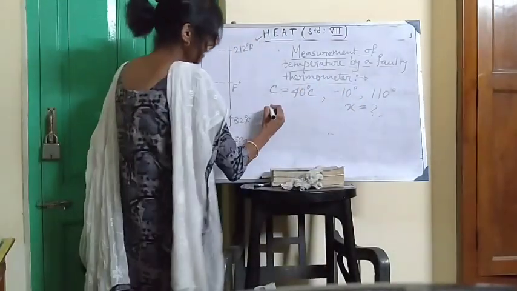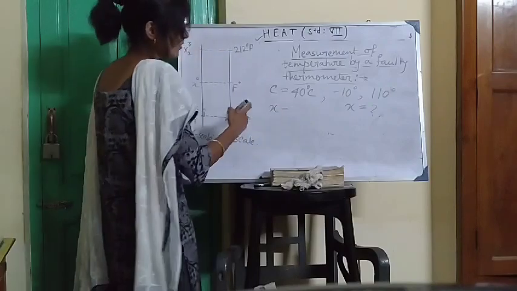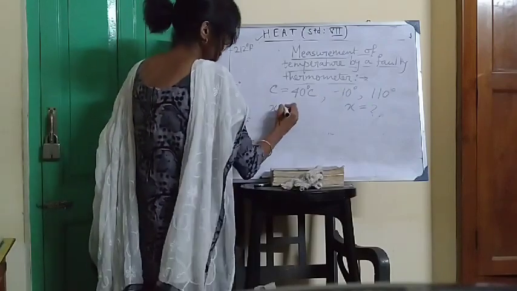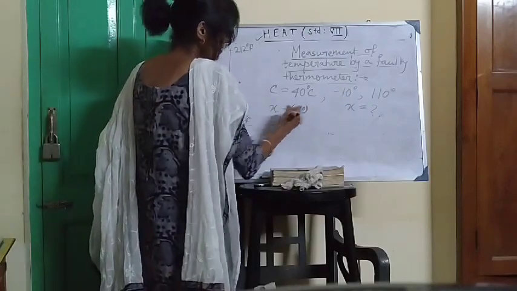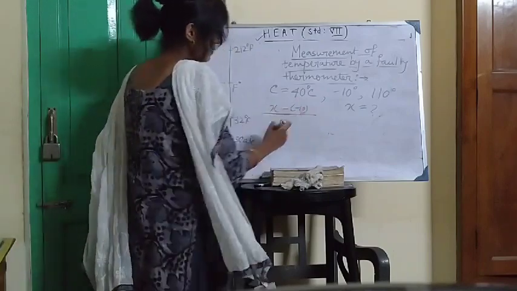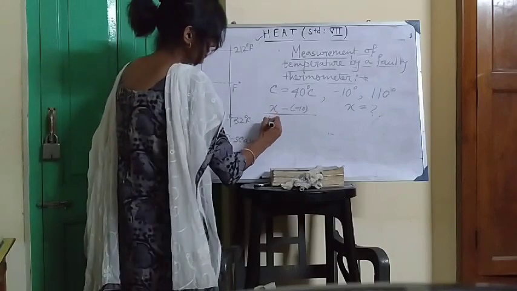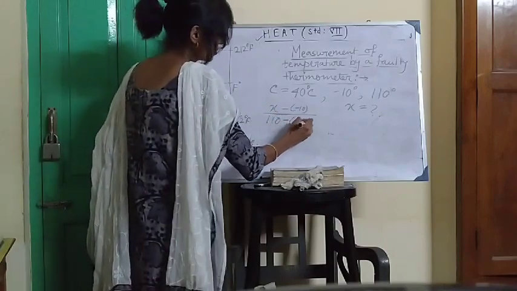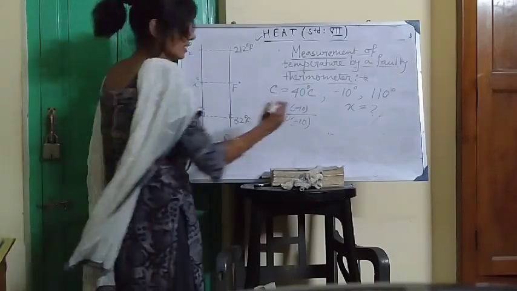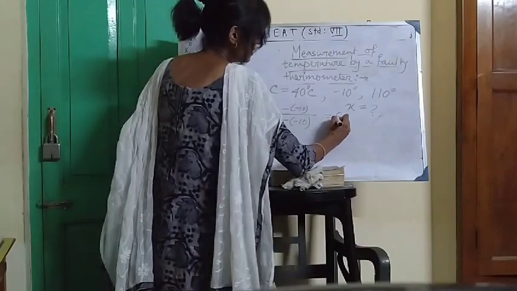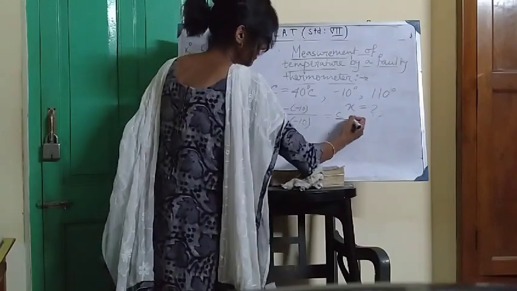Then procedure, X minus lower fixed point, which is minus 10. So minus of minus 10 will be plus 10, divided by upper fixed point minus lower fixed point of the faulty thermometer. So 110 minus of minus 10. Okay, right hand side, C minus 0 divided by 100 minus 0.